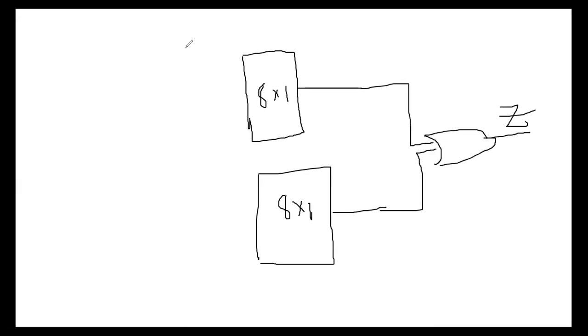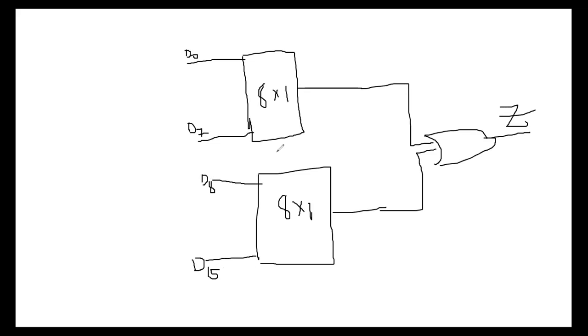Now I am writing D0 here and D7 here, so totally 8 inputs. In the second 8 by 1 multiplexer, I am writing D8 to D15. So 0 to 15, totally 16 inputs.